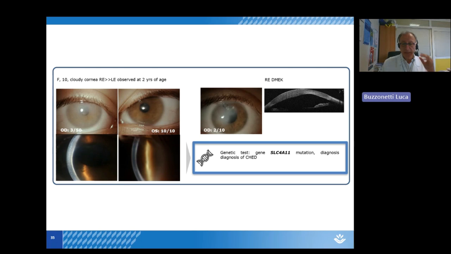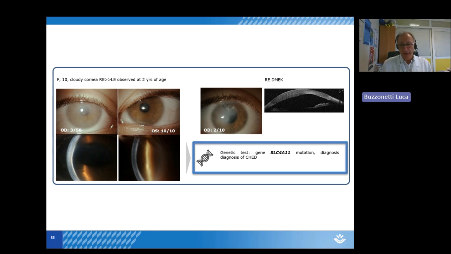This is a case of CHED. A 10-year-old female was sent to me with a cloudy cornea, and the diagnosis was made when she was 2. I performed a DMEK, but in my hands the endothelial stripping was very difficult because of the tight adherence between endothelium and stroma.